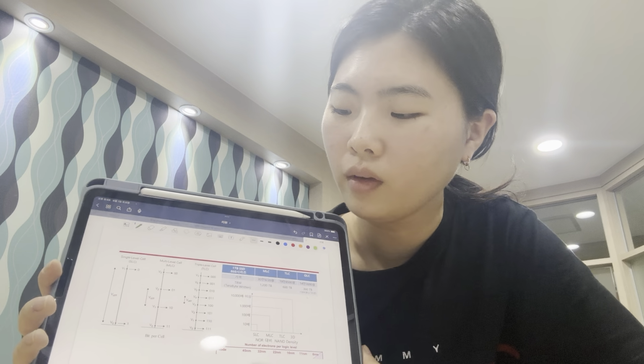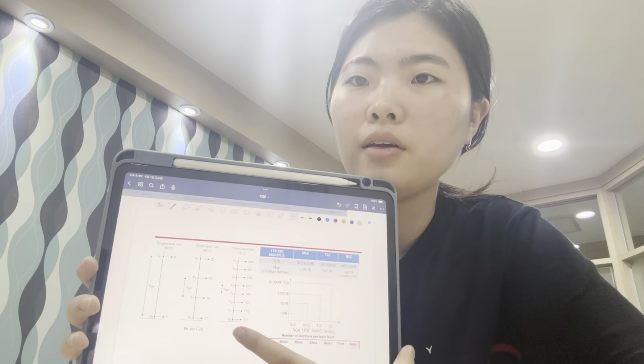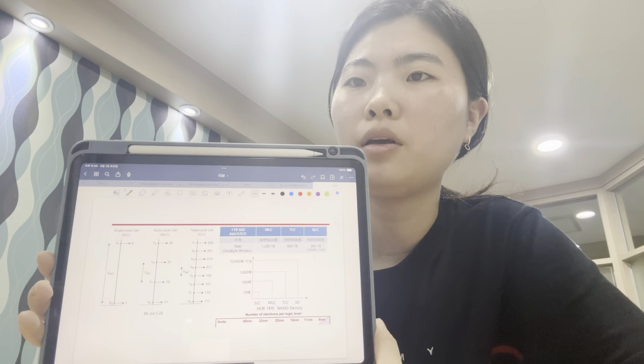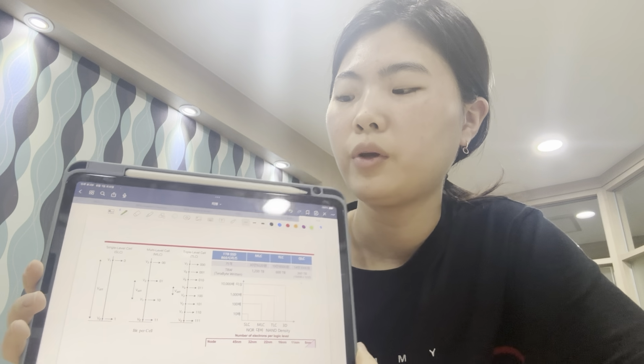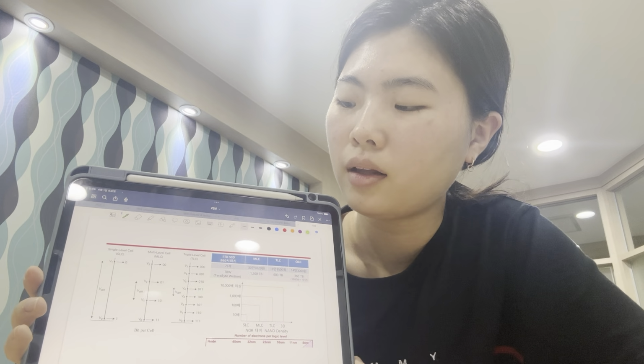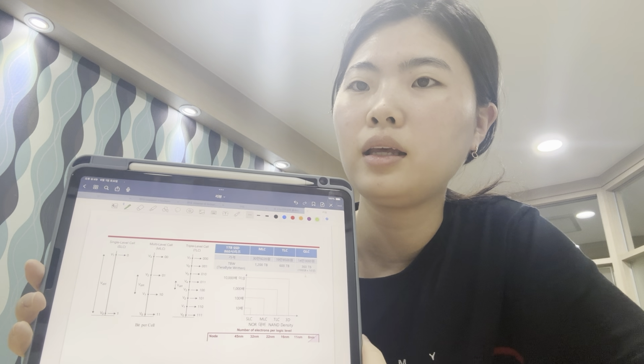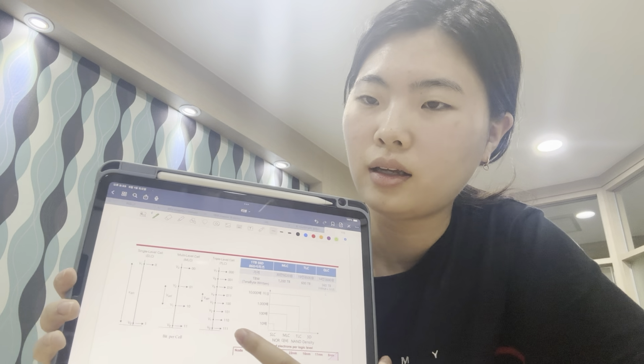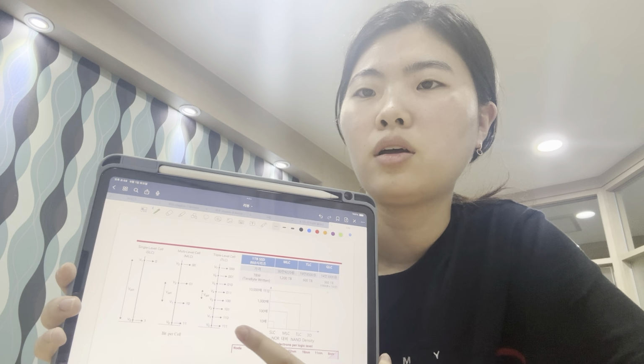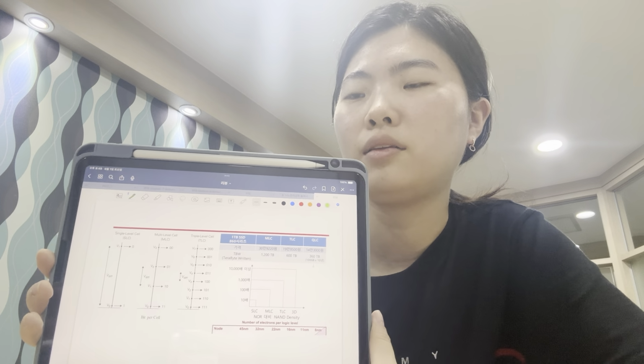Nowadays, within the same VT margin, we can divide the VT distribution into many steps.